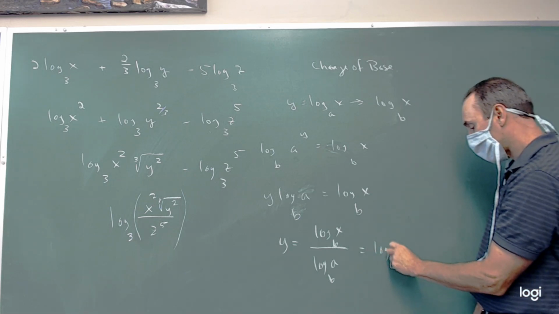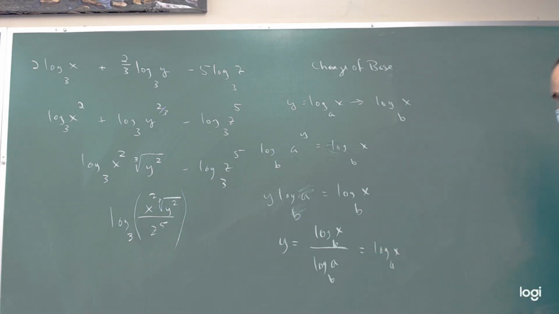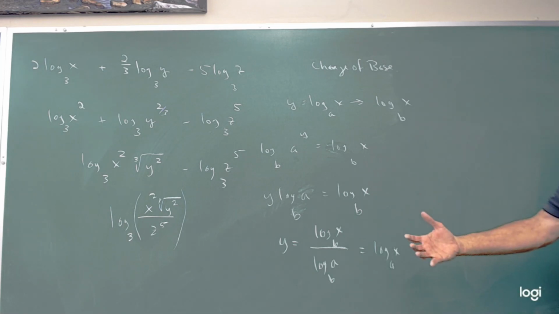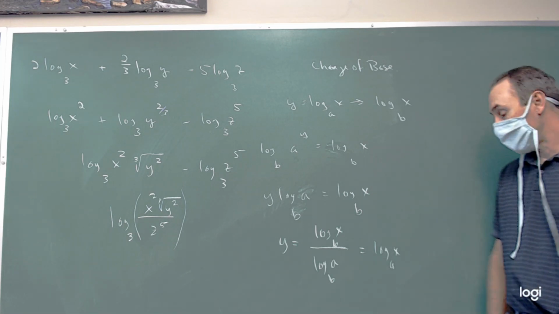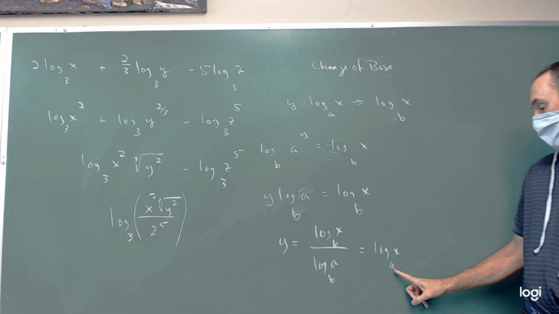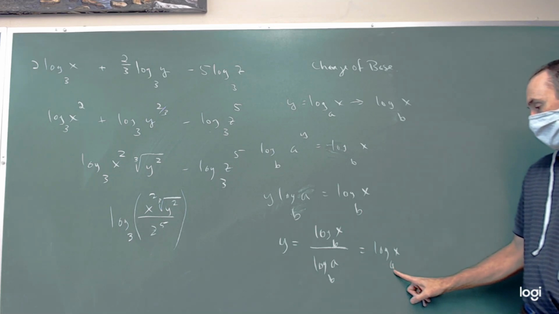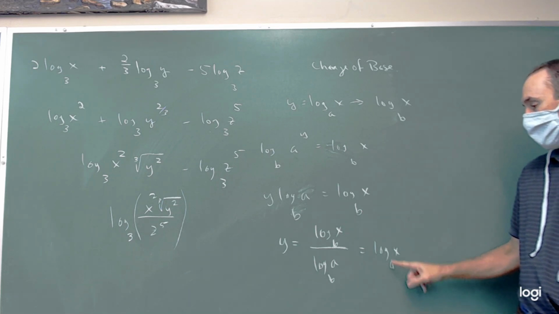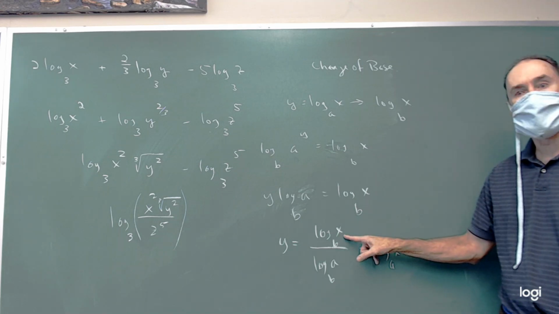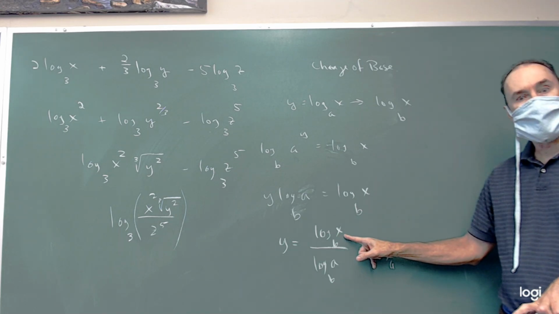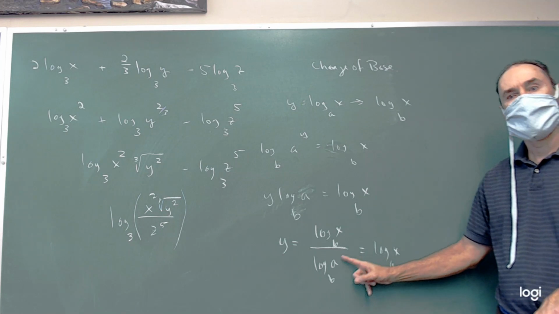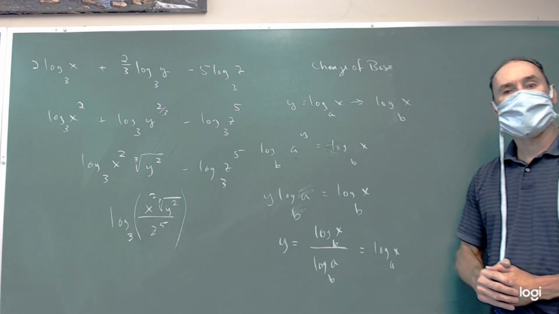So when you've done a couple of hundred of these, as I have anyway, and I don't know if you'll ever get to that point, but if you want to make it a new base, you just make it the base that you want. And then your adjustment factor is you have to divide it by the logarithm new base of the old base.